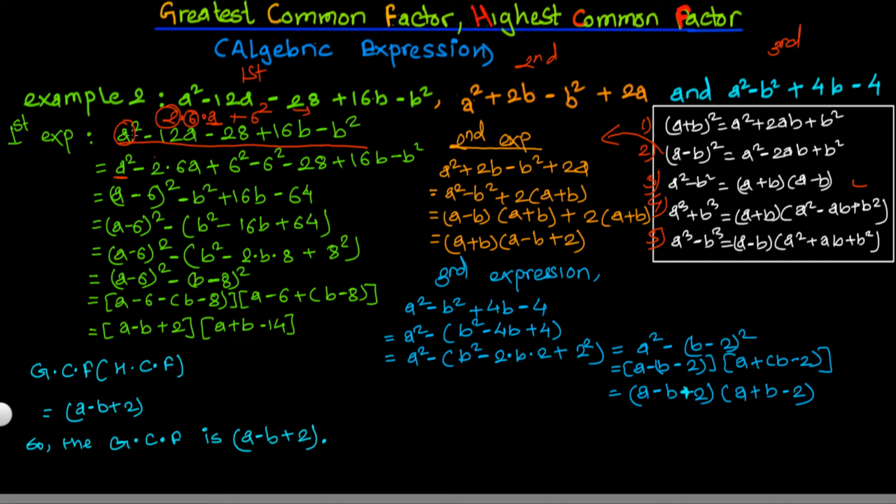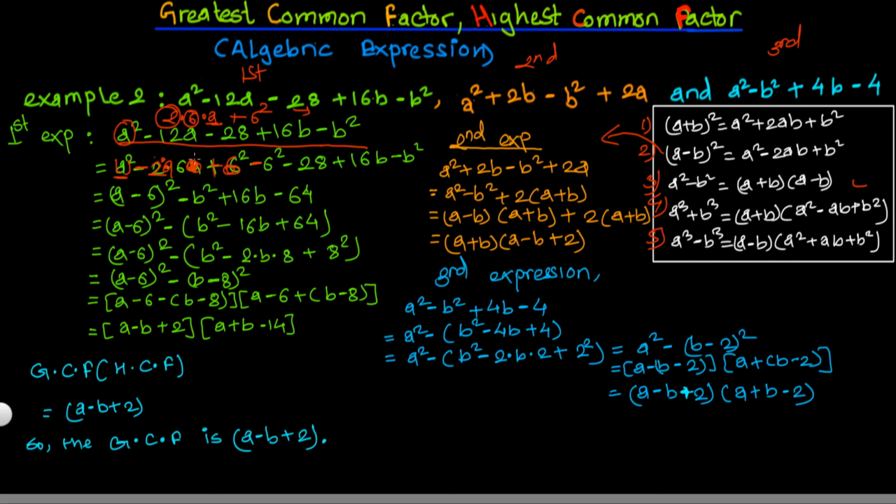So the first expression is a square, I put it as it is, minus, if I want to split 12a, 2 times a times 6, plus, if I add 6 square, I cannot add 6 square, I must subtract the equal amount, because I cannot add anything for free. So I add 6 square and then subtract 6 square. Now this will be gone and we'll have the same term.